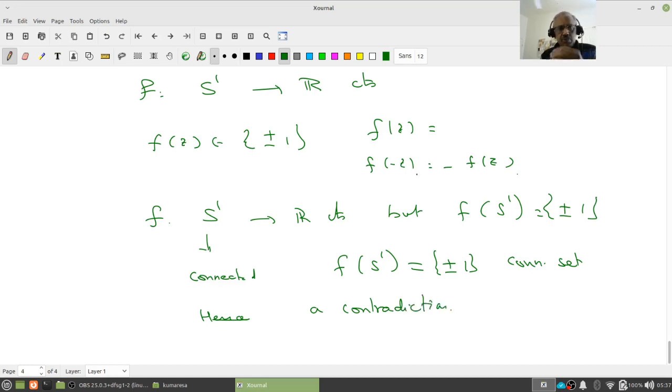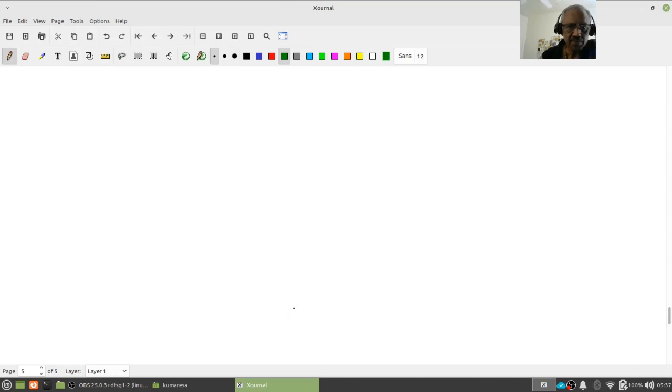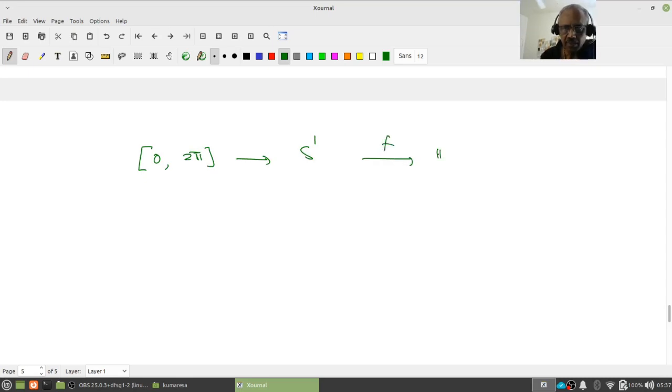And suppose you have not learned anything about connectedness, I can still get essentially the same proof. I look at this map from 0 to 2 pi to S1 and from there to R, namely t going to e power it, and then f of e power it.